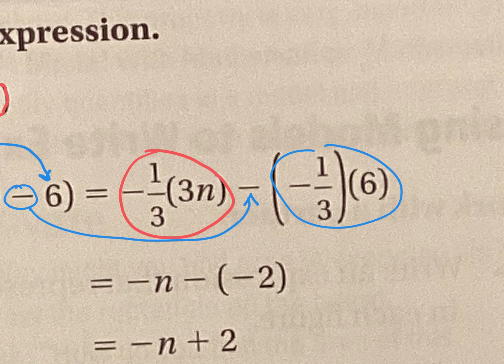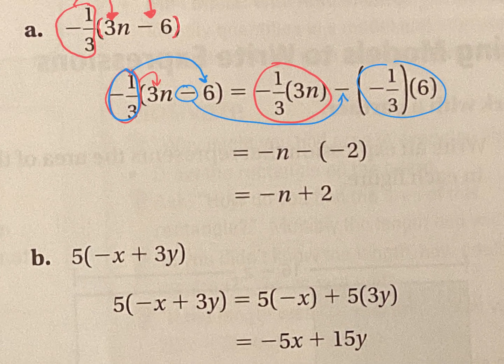Okay? Then when you do that, negative 1/3 times 3n is negative 1n. So that is this right here. Negative 1/3 times 6 is negative 2, which is right there.